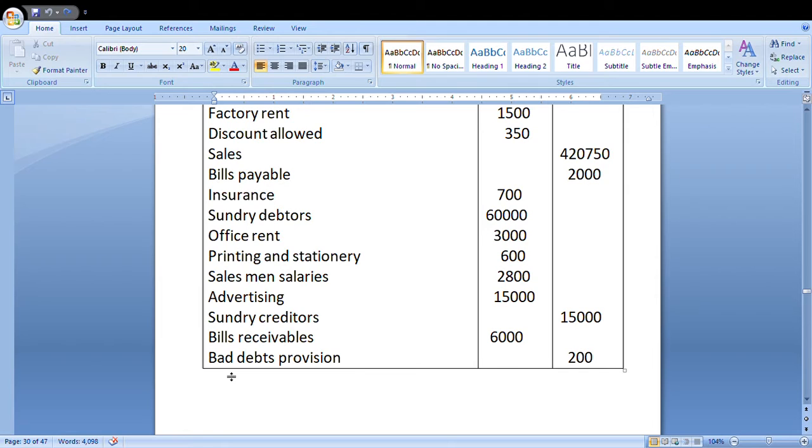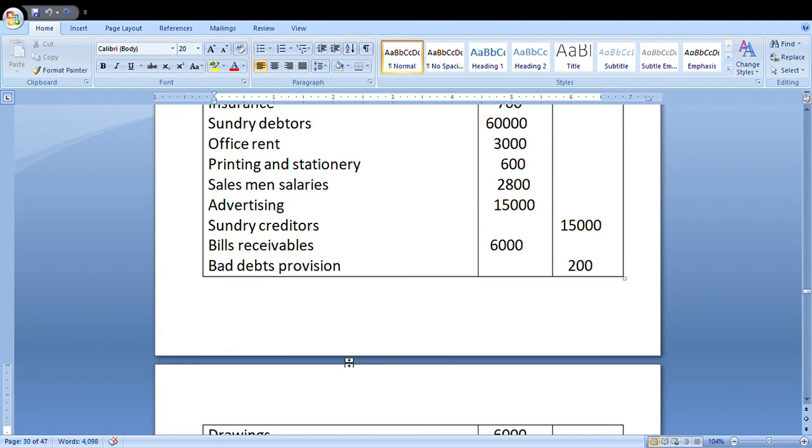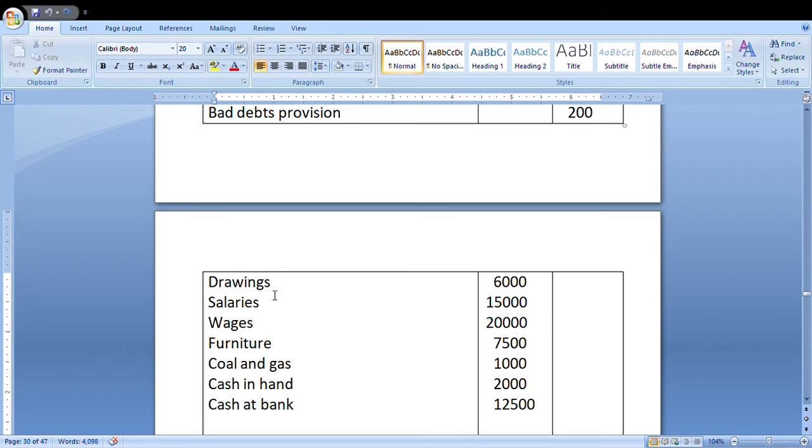This is a type of reserve for the debtors' bad debts. This enters the balance sheet liability side. Drawings. This is deducted from the capital on the balance sheet liability side.